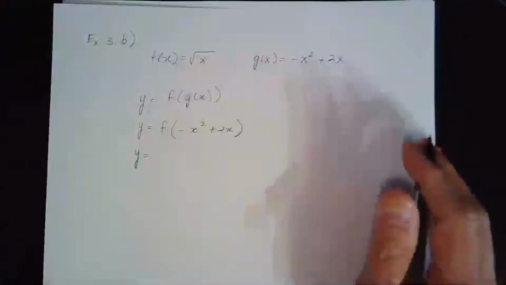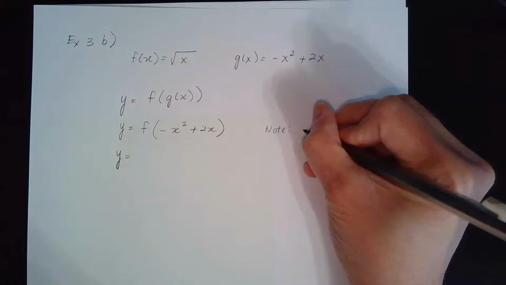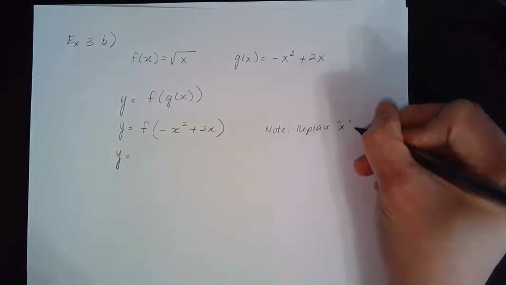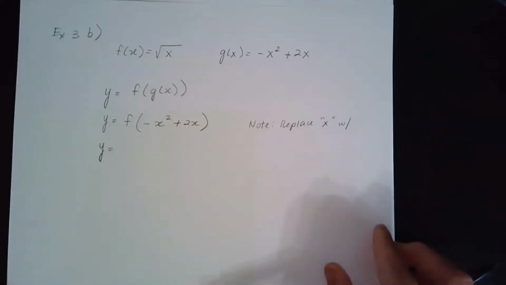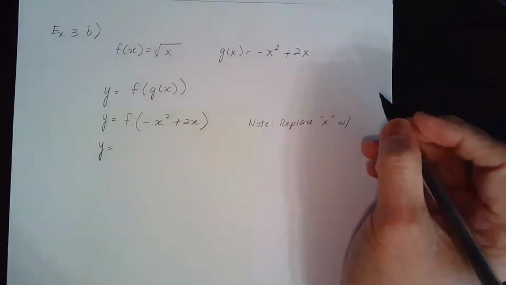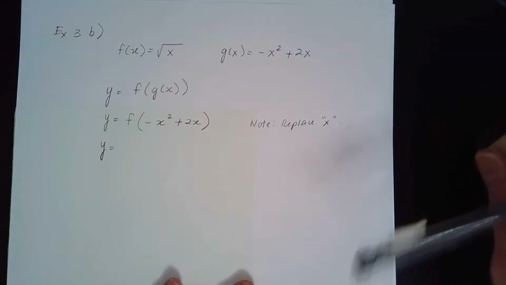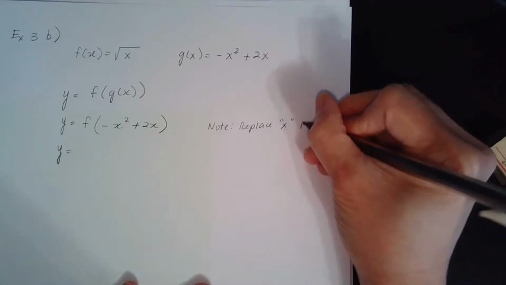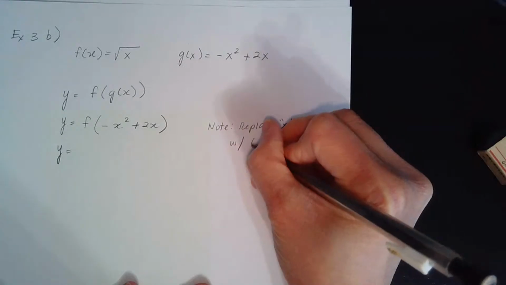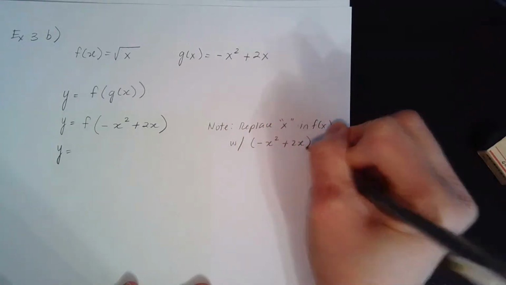For f, replace x in f of x with negative x squared plus 2x.